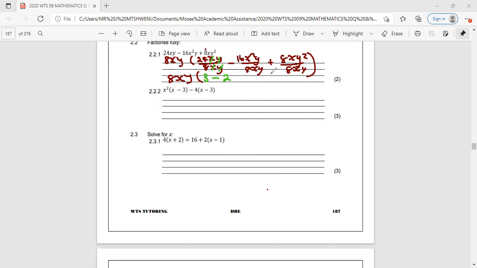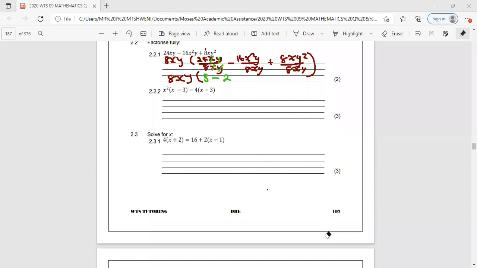X squared divided by X. When you divide, X squared is more like X squared divided by X. Your answer here should be X, because X squared is X times X. It's more like this. Cancel, left with X. Just wanted to make you understand.